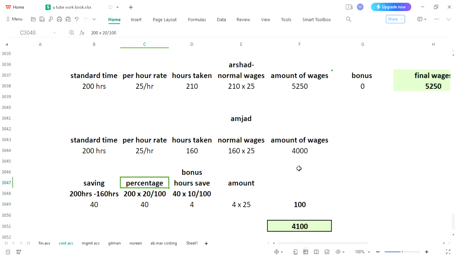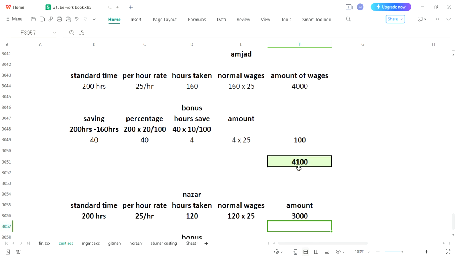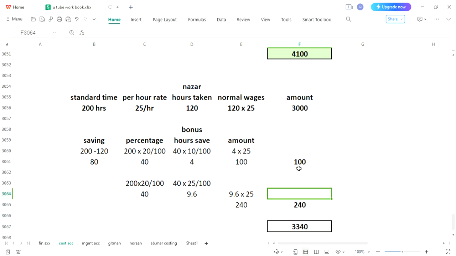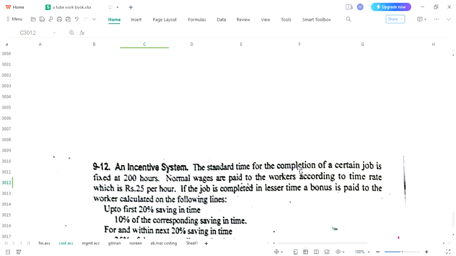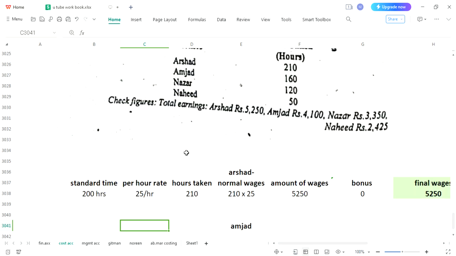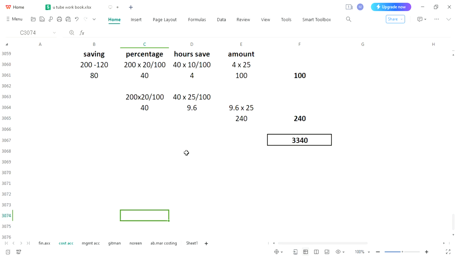The first answer for bonus is, oh, we were talking about Nazar. Okay, 9.6. Let me see. For and within the next 20% and 25%. Oh, by mistake it has been written 24. It was actually 25.